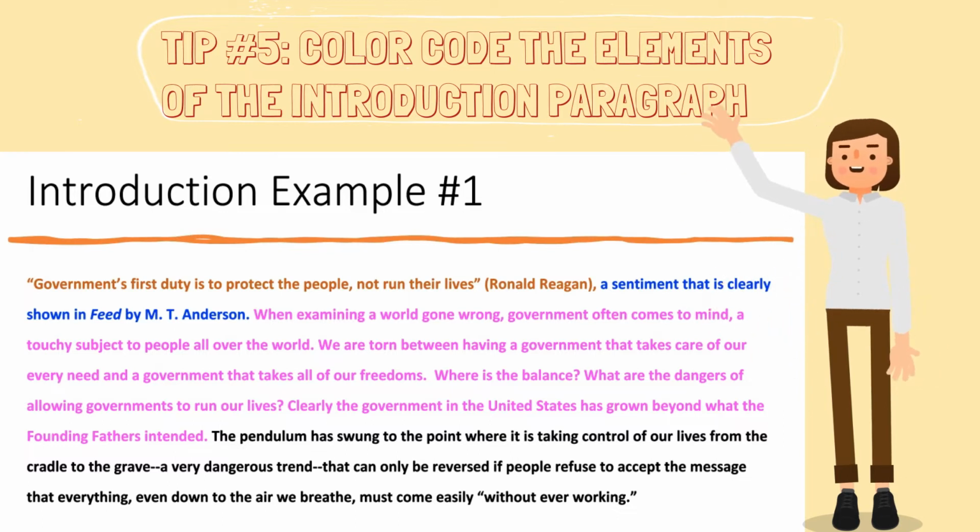So you can see here that he's got his quote. It's in the brown at the beginning by Ronald Reagan. Then in blue, it changes color because now we're mentioning the title of the text and the author. In pink, we have the dilemma that's created, the idea that government is taking over and we're depending on it to do everything for us.